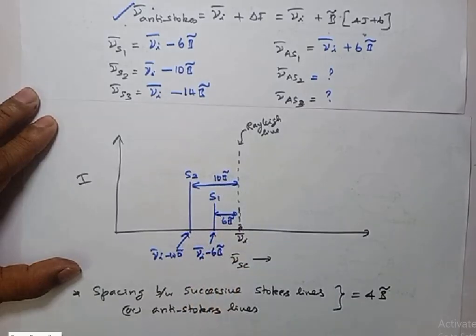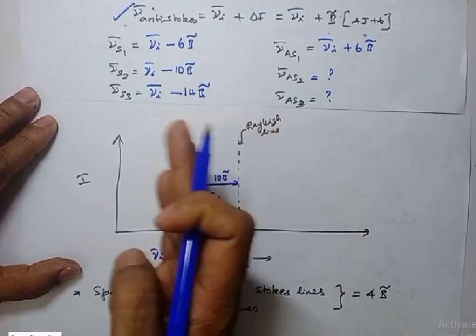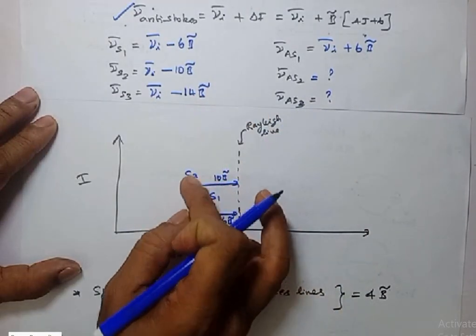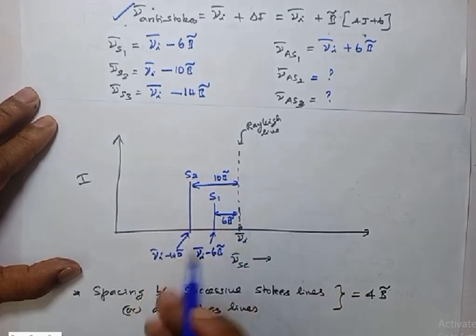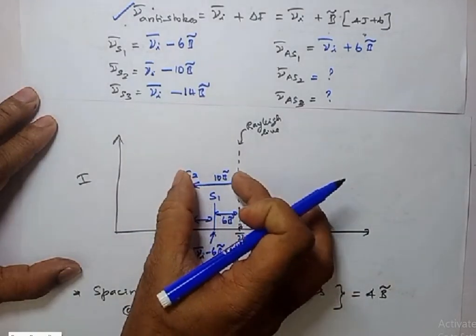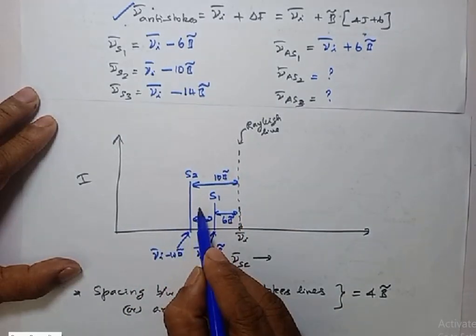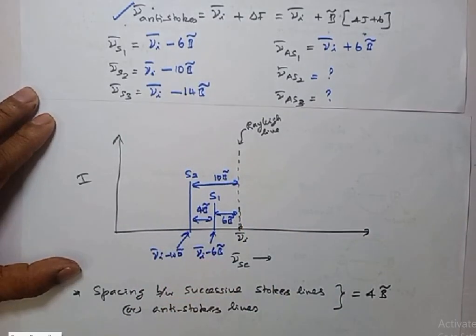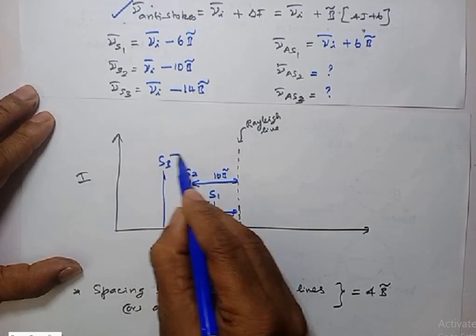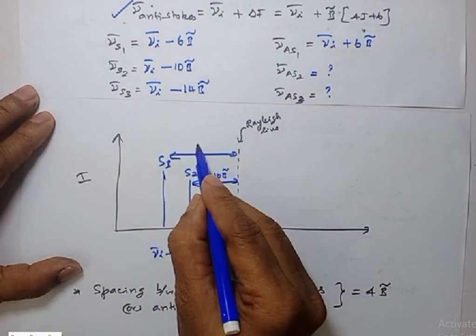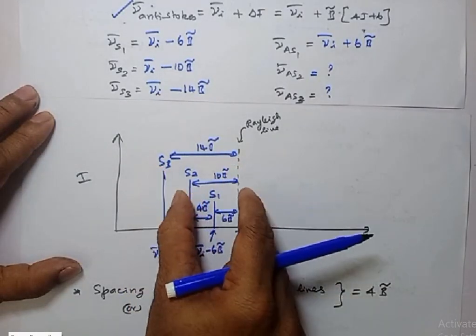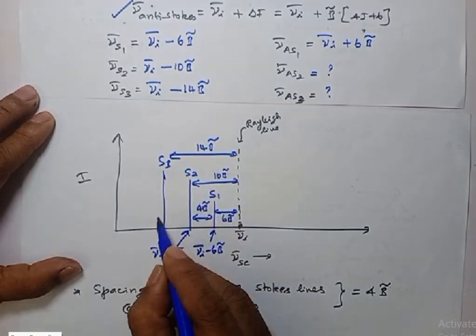The gap between the Rayleigh line and the second Stokes line is 10B. What about the gap between adjacent lines? This is 10B, this is 6B, so the gap between adjacent lines is 4B. Similarly, for S3, the third Stokes line, the value is 14B. S2 is 10B. Subtract, and you get 4B.